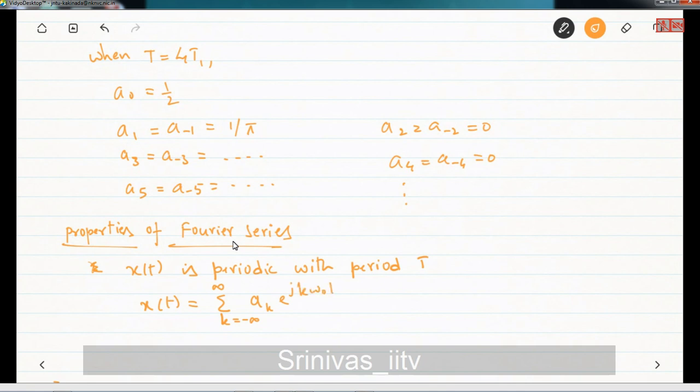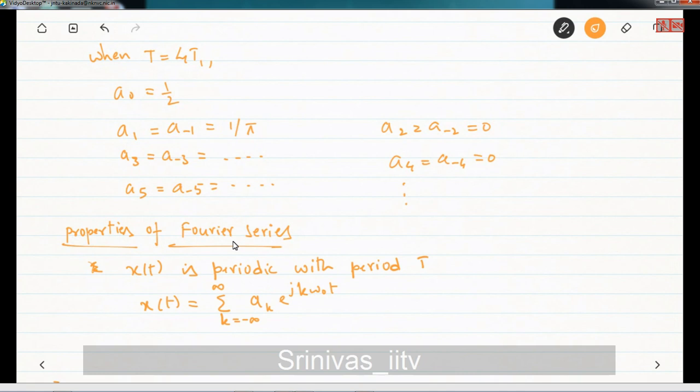I should mention one point before moving on to properties of Fourier series, because your syllabus says you should know about exponential Fourier series and trigonometric Fourier series. We studied both, but I haven't used the exact phrase trigonometric Fourier series, so you may be thinking this is something different.